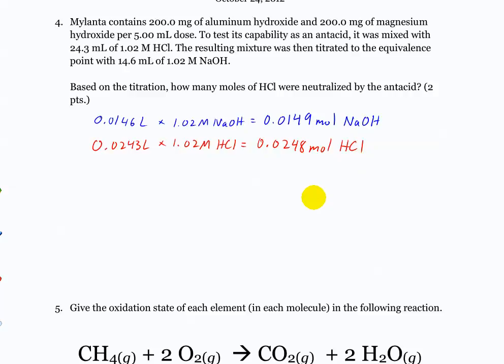Now the moles of sodium hydroxide used in the titration are how much HCl was left over after the neutralization. So the amount that was actually neutralized is a subtraction of those two.